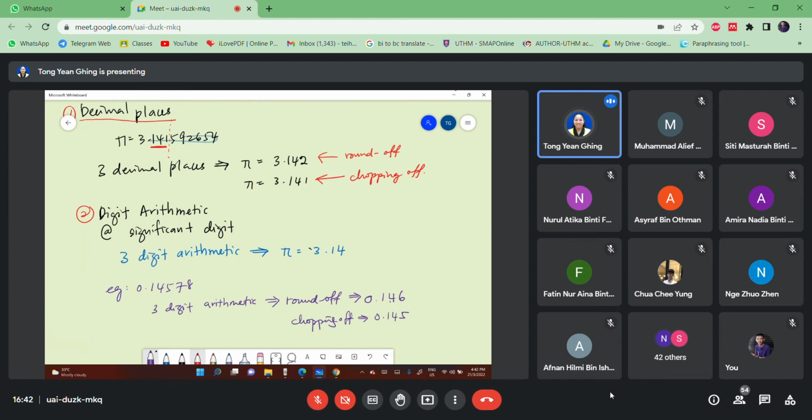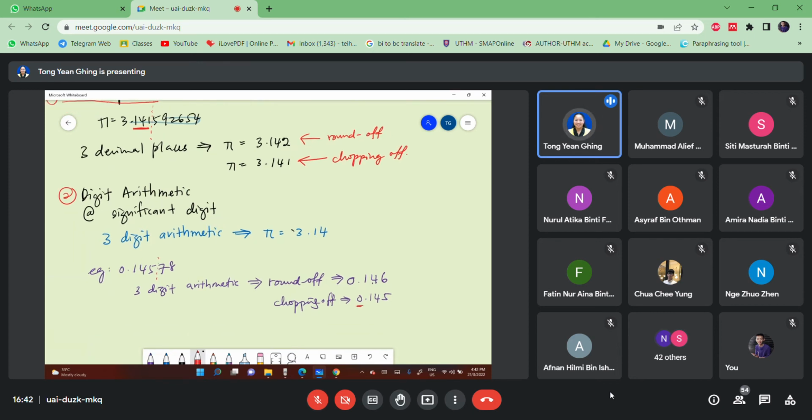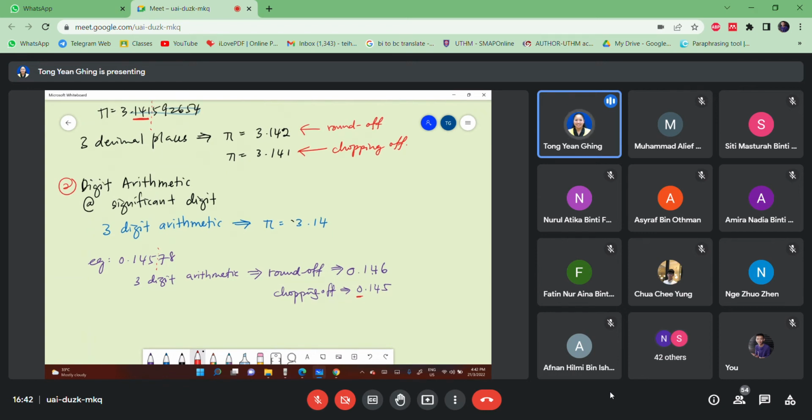I just chop here. So the 0 in front here is not counting. It is like decimal.